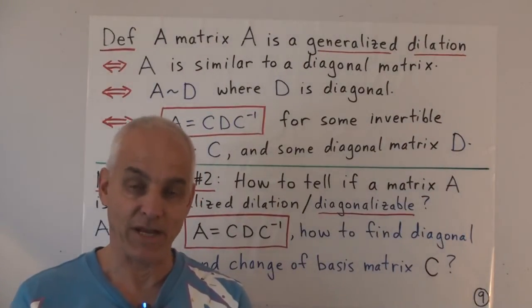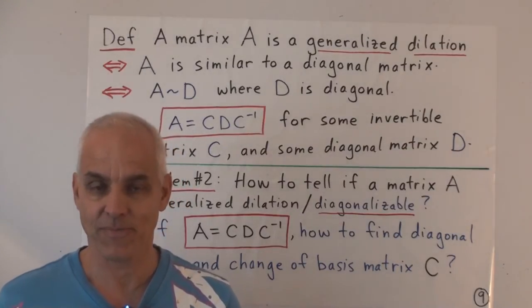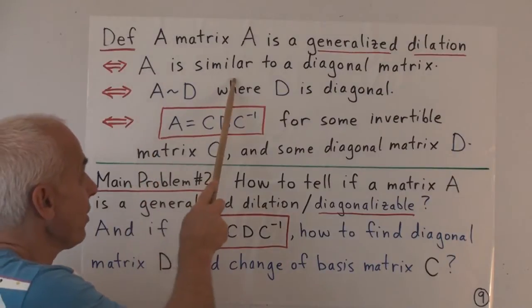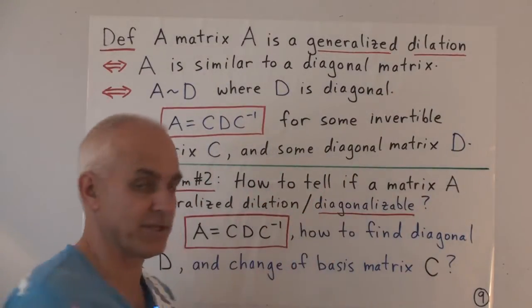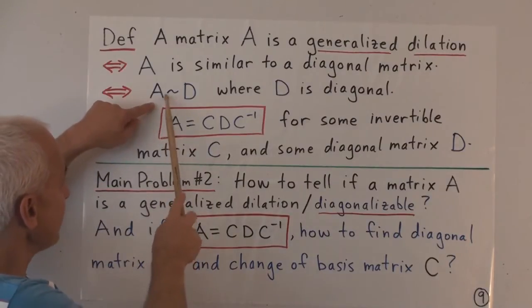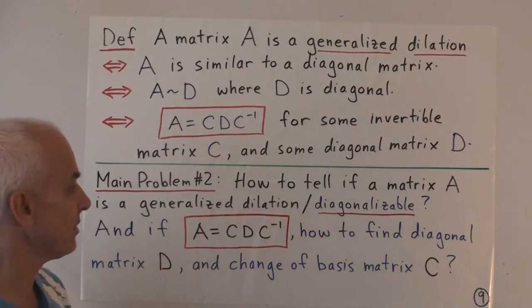So now I can tell you what a generalized dilation is. A matrix is a generalized dilation if it's similar to a diagonal matrix. So that means that A is similar to D, where D is a diagonal matrix.